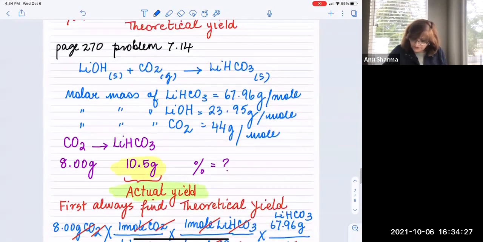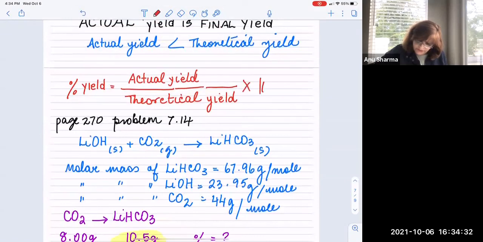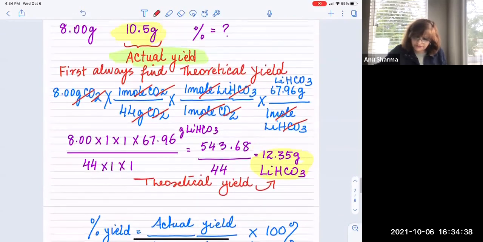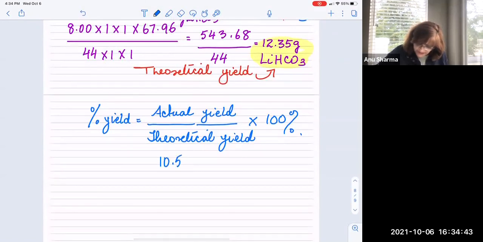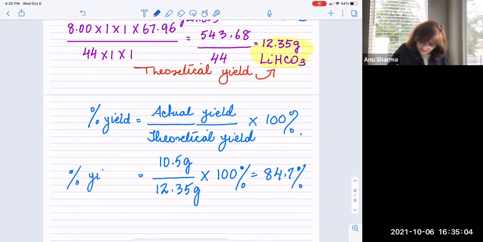Now we put in our actual yield, which is 10.5 grams and is given to you, divided by the theoretical 12.35 grams, times 100%. This comes out to be 84.7%. So this is the percentage yield.